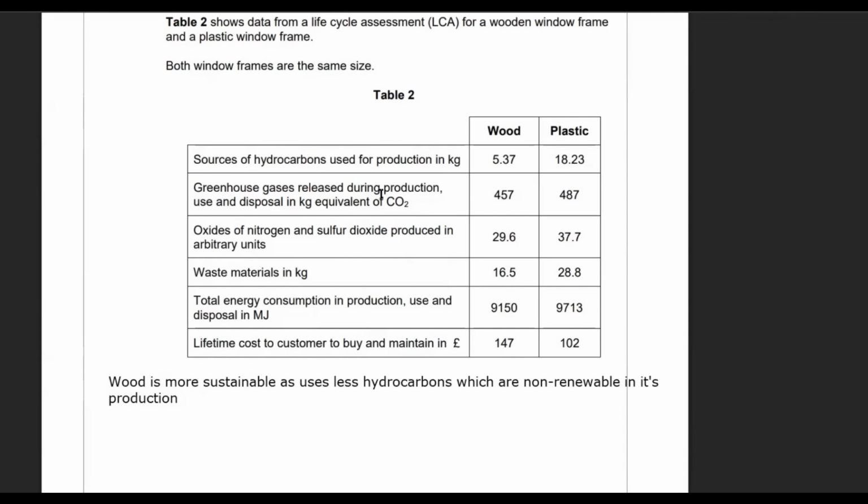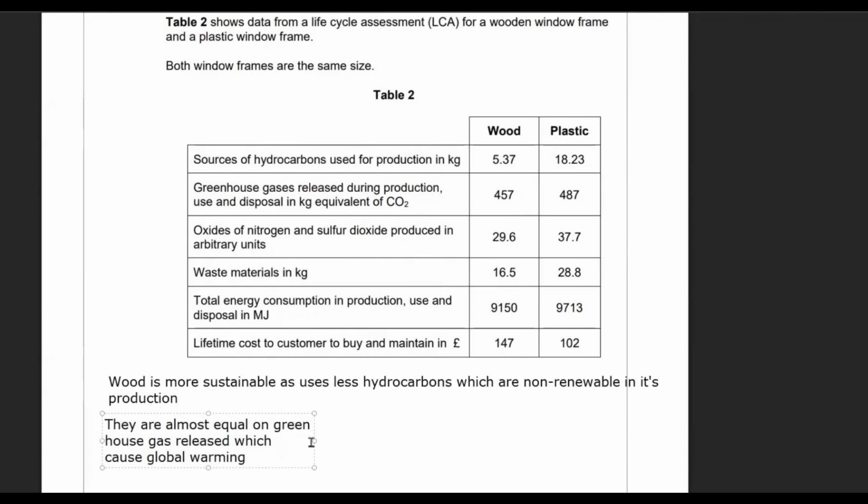Greenhouse gases released during production, use and disposal. So actually, they're pretty equal. They are almost equal on greenhouse gas released, which cause global warming. See how I'm linking greenhouse gases to global warming?